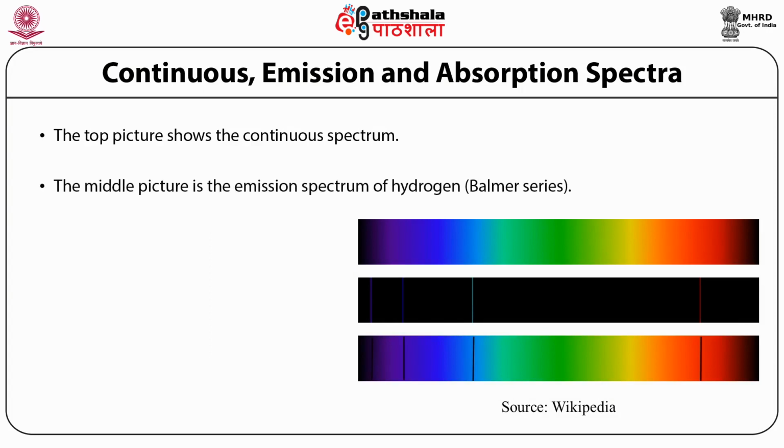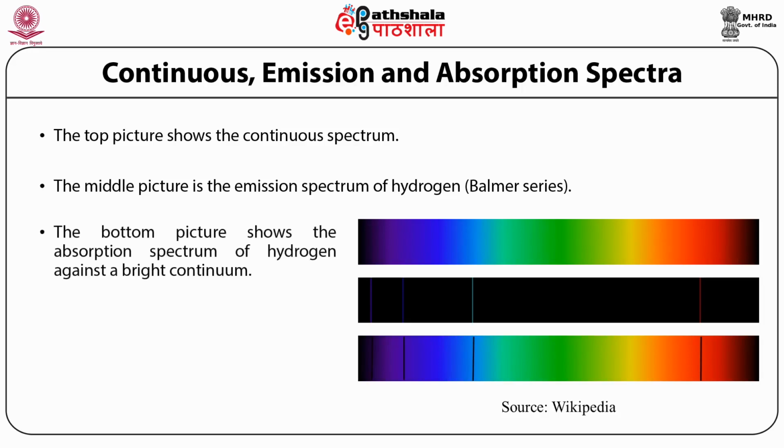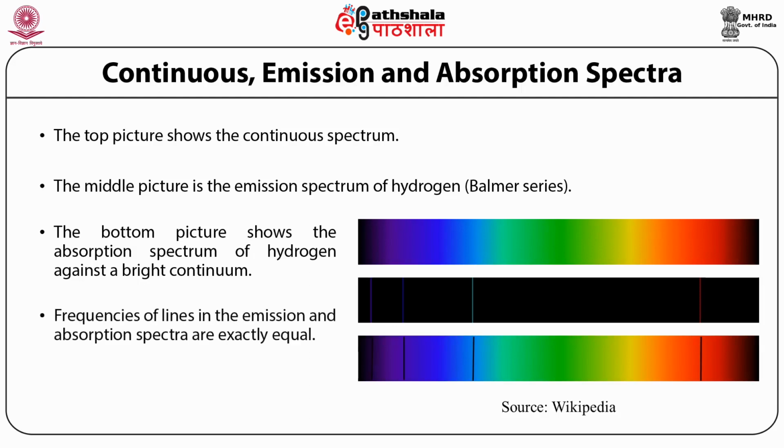The middle picture is the emission spectrum of hydrogen, the Balmer series, and the bottom picture shows the absorption spectrum of hydrogen against a bright continuum. The frequencies of the lines in the emission and absorption spectra are exactly equal.